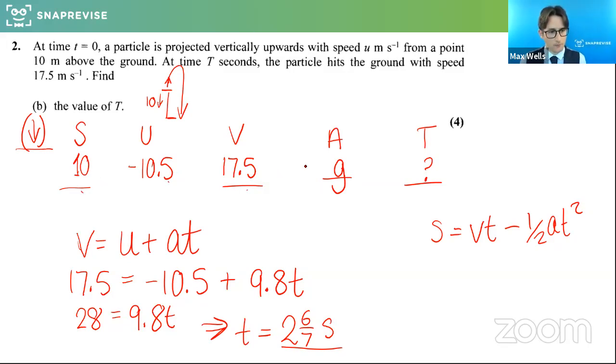Okay. But the thing we need to be really clear on, which I think is the heart of where the problems lie with these questions and is a struggle for people all the way through to year 13, is the direction. What am I setting as a positive sense?